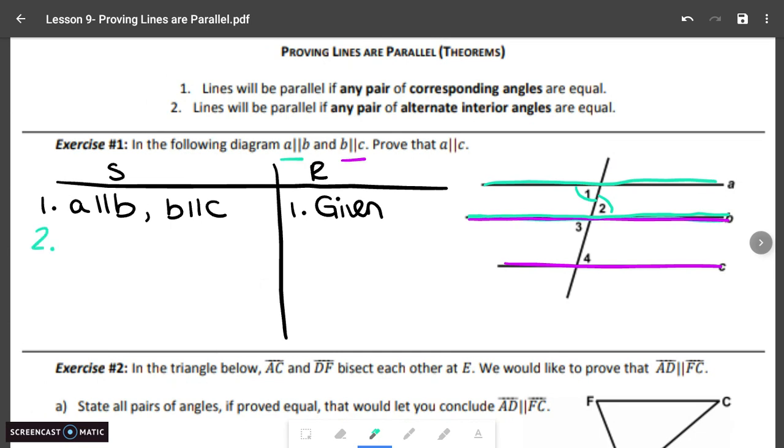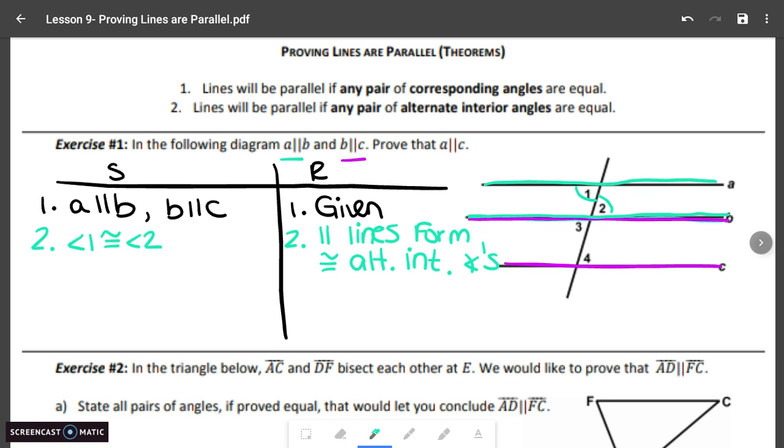So I can go ahead and say angle 1 is congruent to angle 2 because these parallel lines form congruent alternate interior angles. And remember, as teachers, we really don't care too much about you writing out the words or your spelling. As long as I can understand what you're trying to tell me in the reason, then it's good.